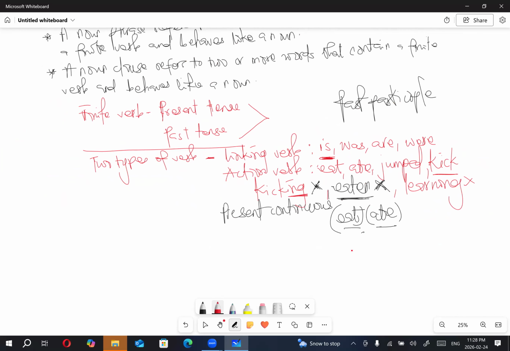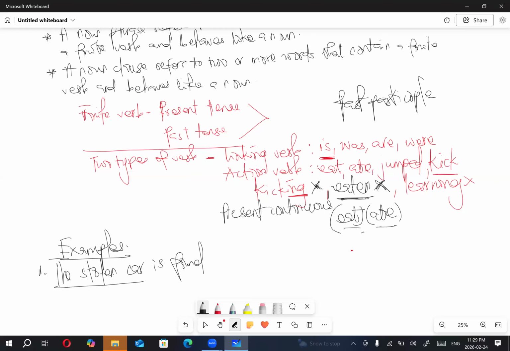So look at this. Example one: the stolen car is found.